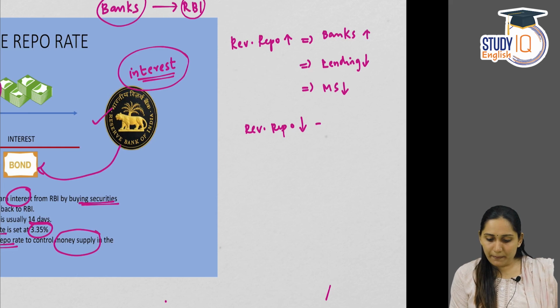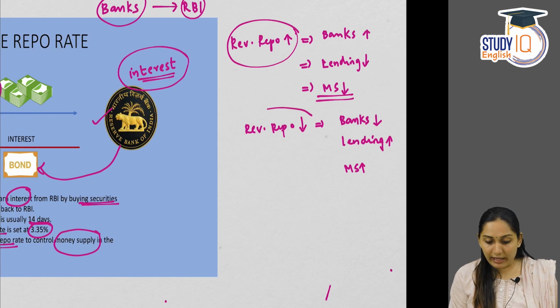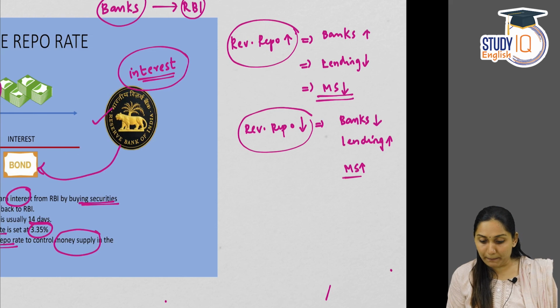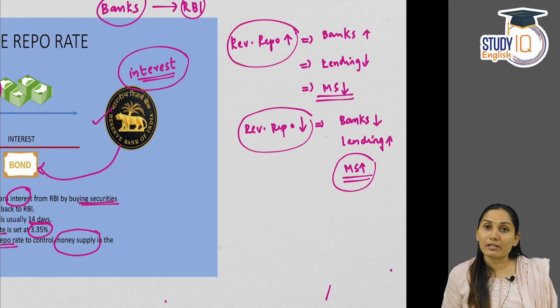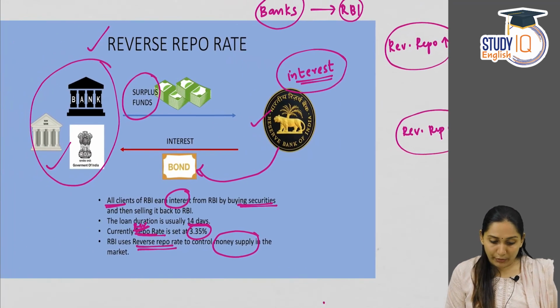So when the reverse repo rate is less, banks will park less money with RBI. So lending capacity of banks will go up and the money supply will increase. So when the reverse repo rate is high, money supply will reduce, and when the reverse repo rate is less, money supply will increase. So this is how reverse repo can be used again as an effective monetary policy to control inflation. So this is another monetary policy tool.